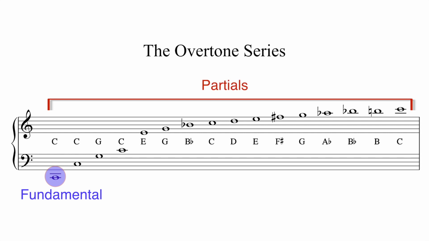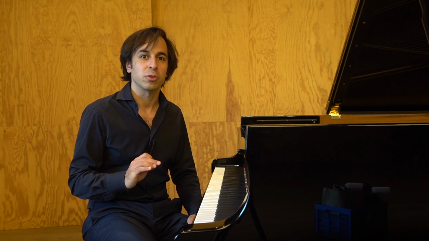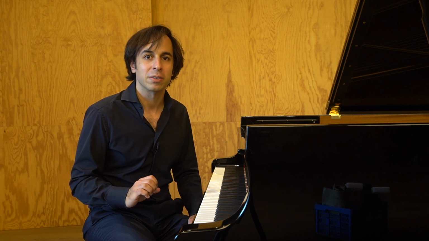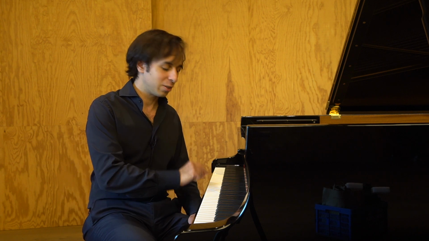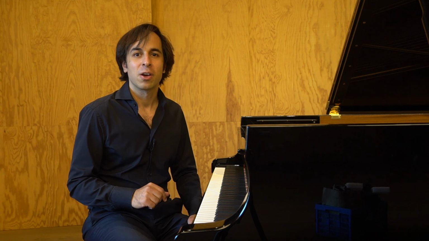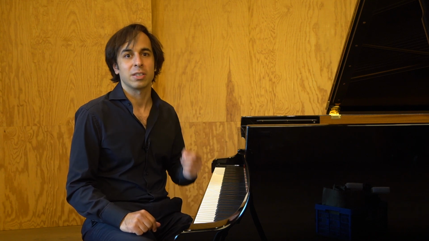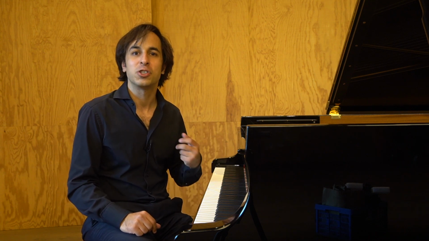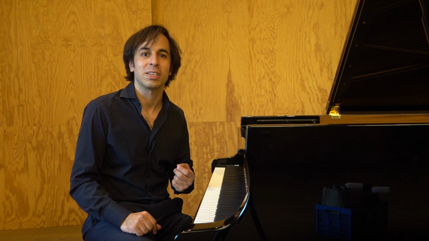And all these new partials are being heard in diminishing degree as we go up the overtone series. But the first few partials are pretty prominent. And that is why the G string resonated when I played the note C. It's simply because G is contained within C.